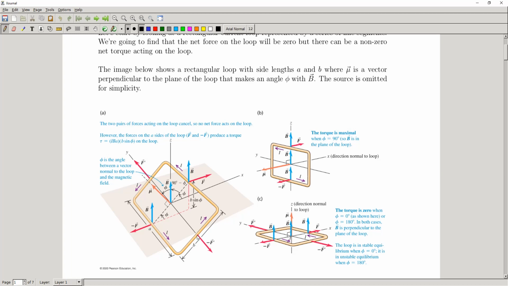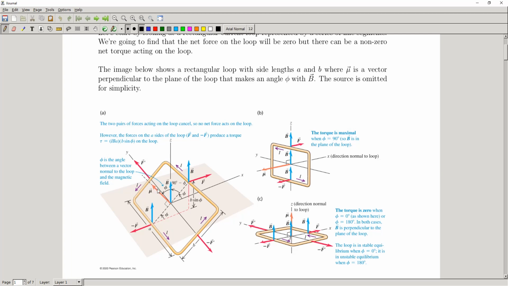If we look at the images below here, we can see that our rectangular loop has side lengths a and b, right? And this vector mu, this Greek letter mu, over here is a vector that's perpendicular to the plane of the loop. So you can imagine a plane that this loop would sit in.